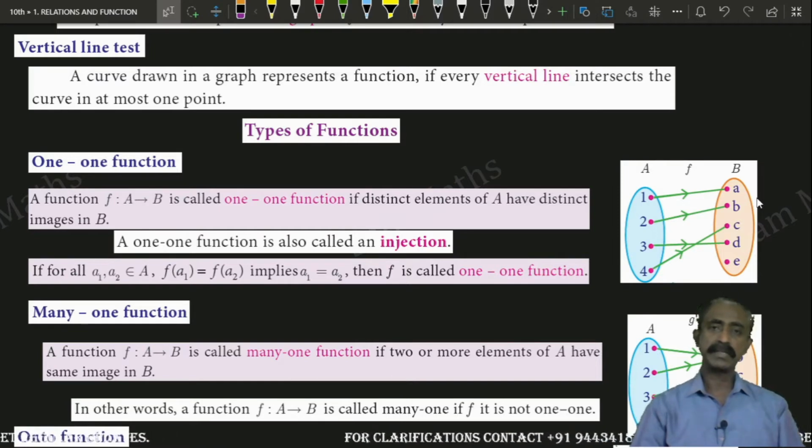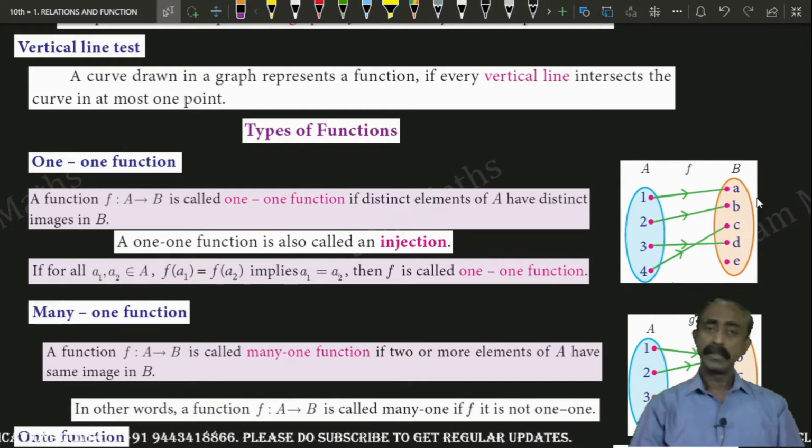Therefore, it's known as one-one function. The one-one function is also called an injection. If for all A1, A2 belongs to A, f of A1 is equal to f of A2 implies A1 is equal to A2, then f is called one-one function.